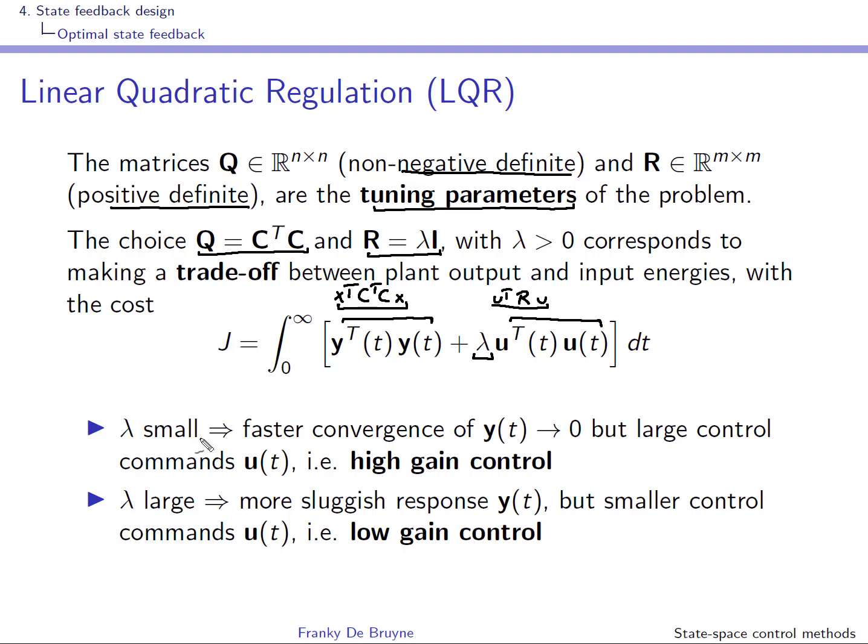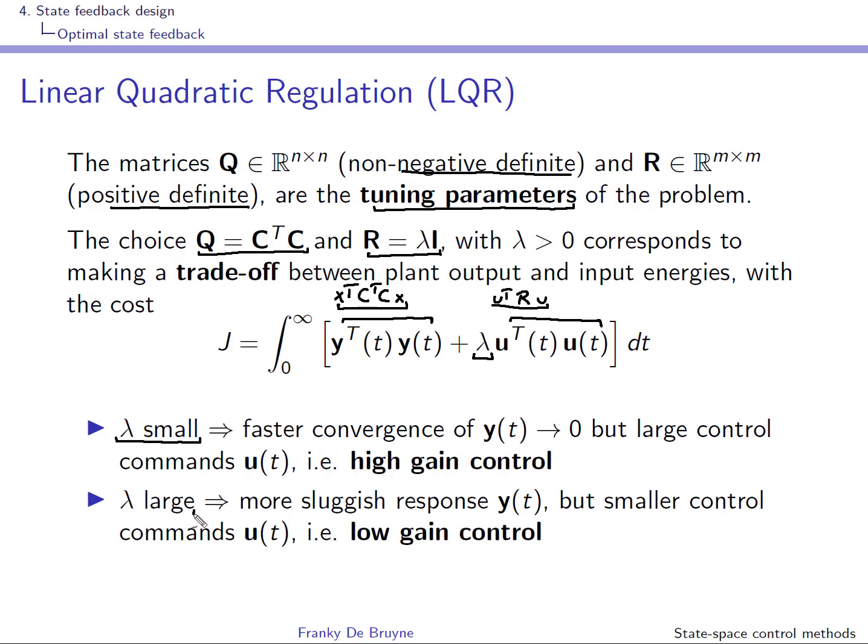If lambda is small, this means that you can use a high control gain, aggressive control, and you would expect faster convergence of y to 0.